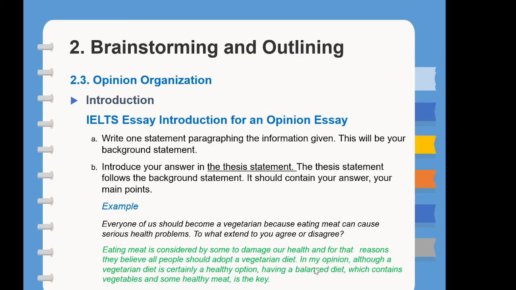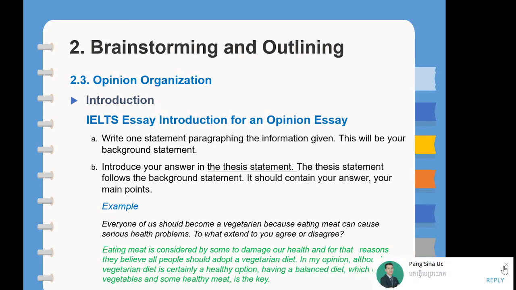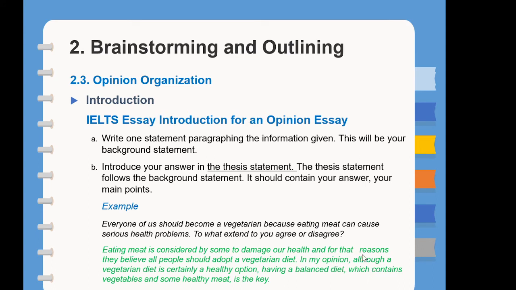And then you start the thesis. In my opinion, although the vegetarian diet is certainly a healthy option, having a balanced diet which contains vegetables and some healthy meat is key. You see here? This is how to write the introduction in an IELTS opinion essay, because it does not waste time.